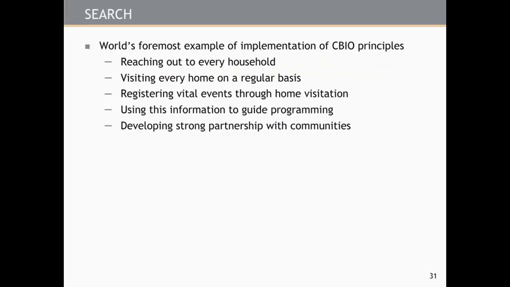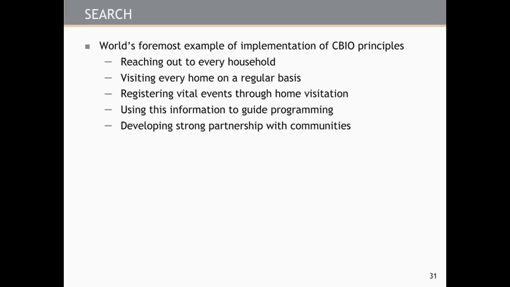SEARCH is the world's foremost example of the implementation of CBIO principles. So you will recall from the previous lecture, I talked about these, and the reason I say this is because SEARCH on its own, without ever reading or hearing about CBIO, but through their relationship with Carl Taylor and Narangwal and the general ideas that were promoted there, they came to sense that reaching out to every household was terribly important.